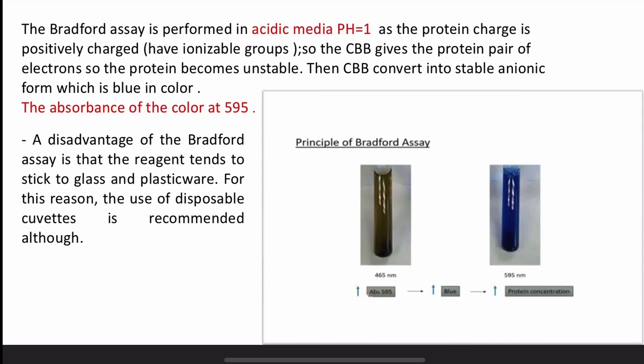So, the Coomassie brilliant blue gives the protein a pair of electrons, so the protein becomes unstable. Then, Coomassie brilliant blue is converted into a stable anionic form, which has a specific blue color. The absorbance of this color is at 595 nanometer.